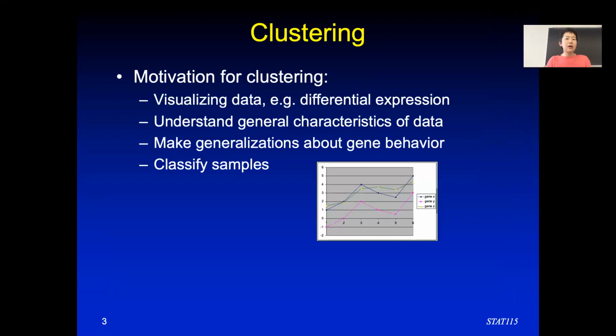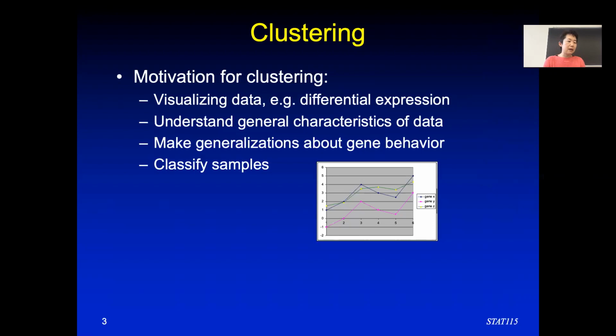The reason we want to do clustering is, first, to visualize the data better, even for simple things like differential gene expression. Very often you show people a heat map with the genes or samples clustered, and you can already see a lot of interesting trends that help you understand the general characteristics of the data. You can make generalizations about gene behavior.